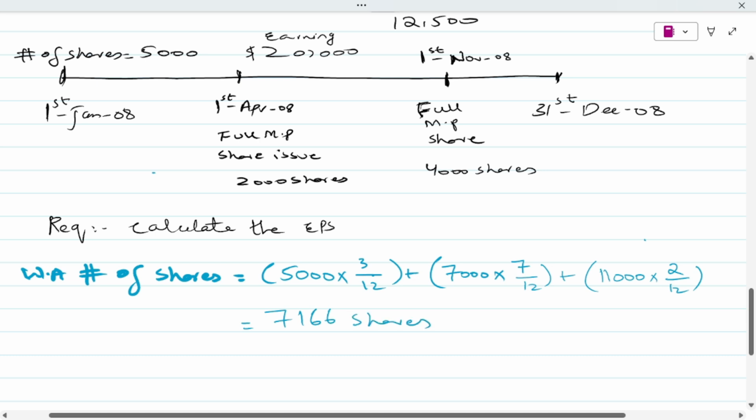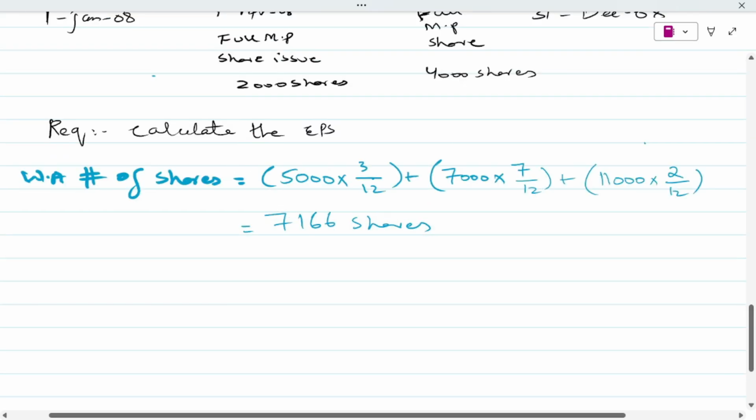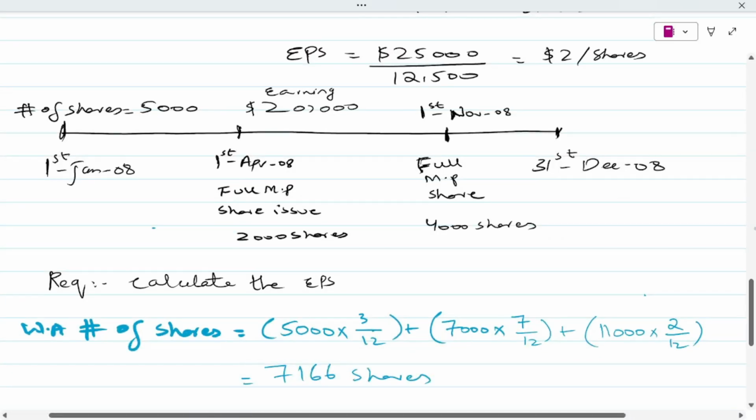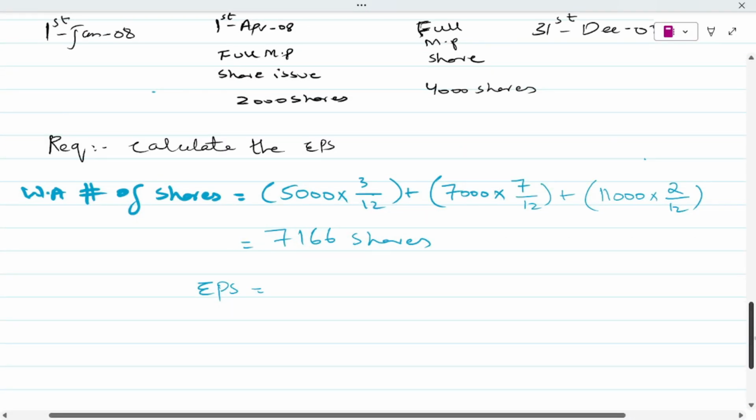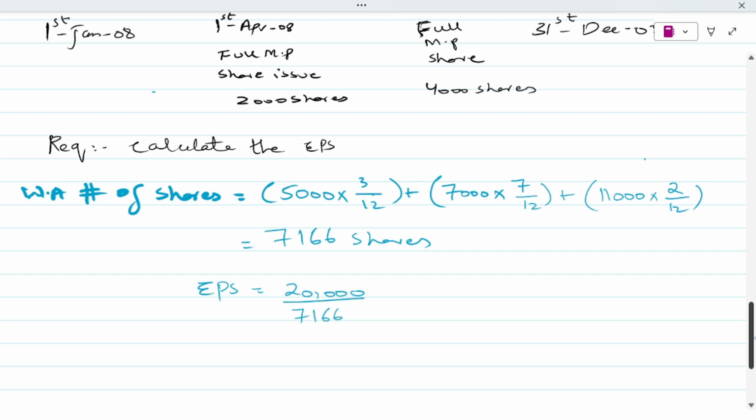So this is the number of shares that I have in issue, and obviously this is an average number of shares. So first thing first, we calculated our weighted average number of shares, and now we will calculate our EPS. For EPS, you know that we take our earning, which is 20,000, and divide it by the number of shares, which is 7166.